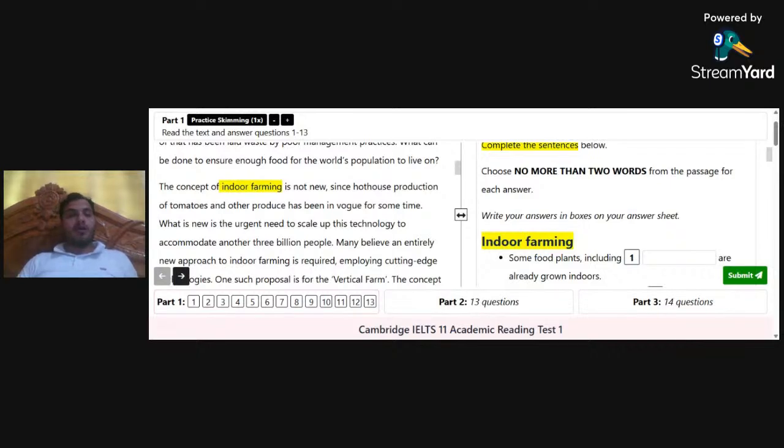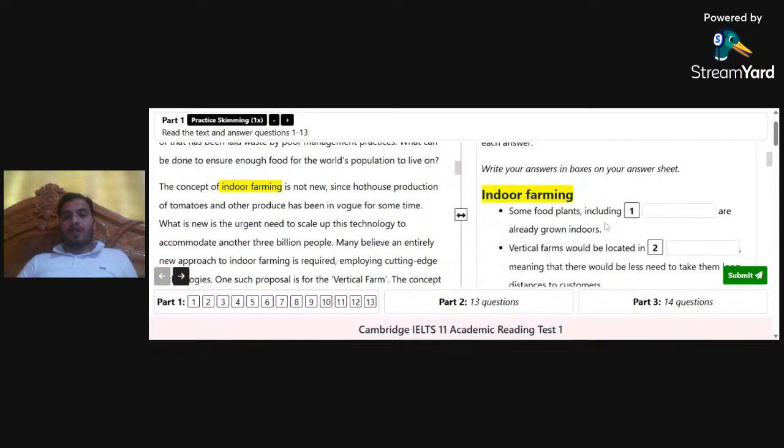So we will look for some food plants, including, which means something more is added along with food plants, something is growing indoors. So we will look for what things are growing indoors, and one thing is mentioned, that is food plants.